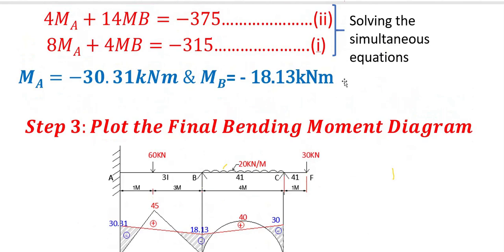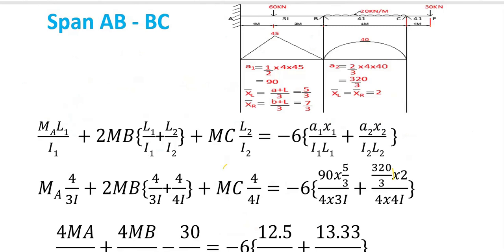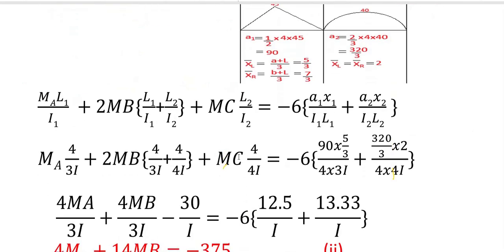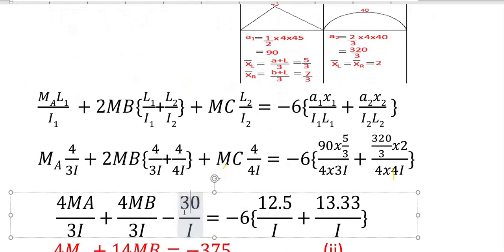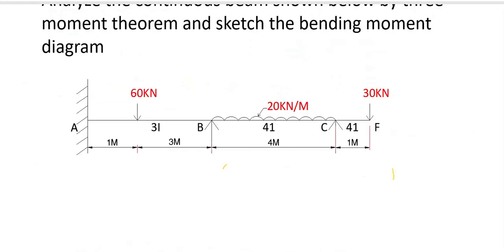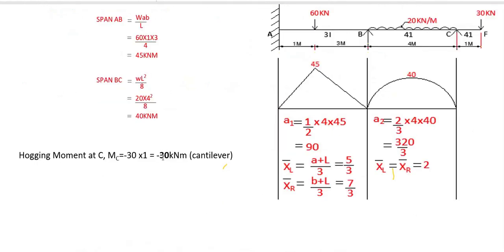Anyway, MA you get negative 30.31, and MB you get negative 18.13 once you solve that simultaneously. Something I need to clarify, our MC value here, I had forgotten, we had gotten as negative 30. This is what we calculated earlier here.